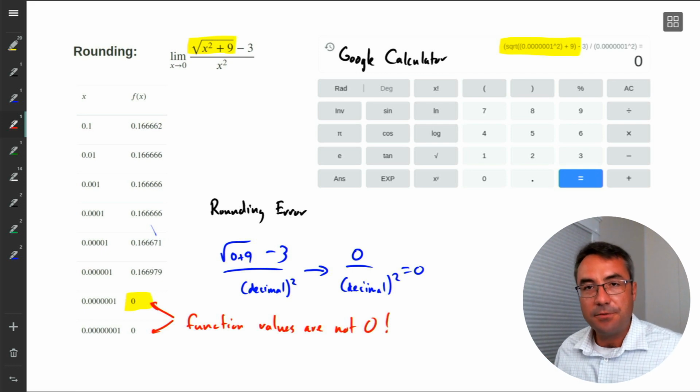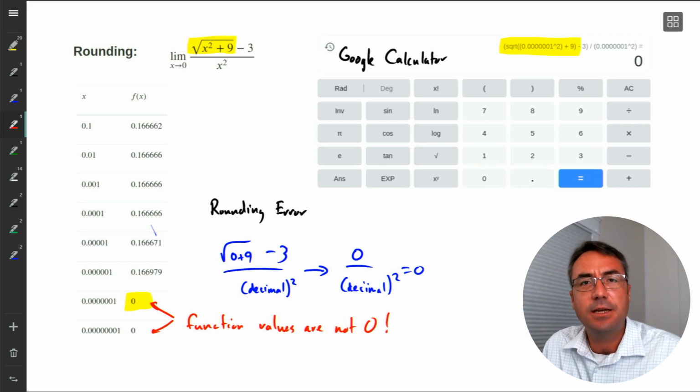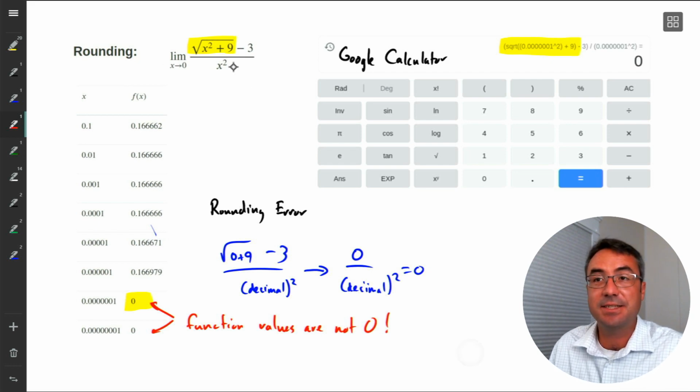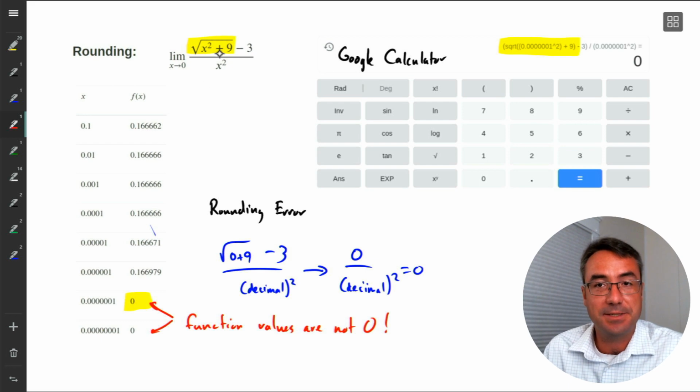So the graphical and numerical approach helps us get an intuitive understanding of limits. We're going to see in a little bit how to calculate these limits exactly using more algebraic methods.